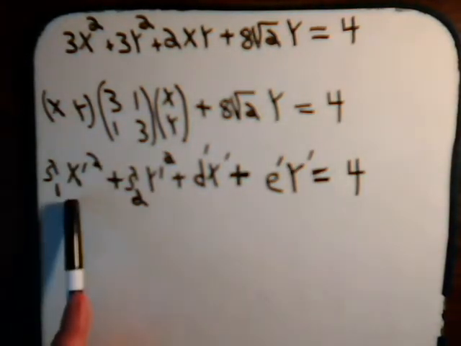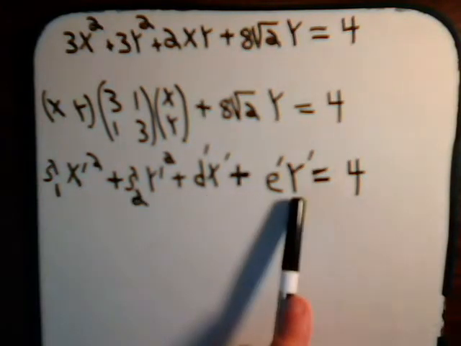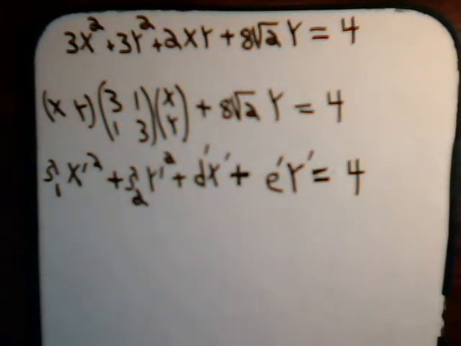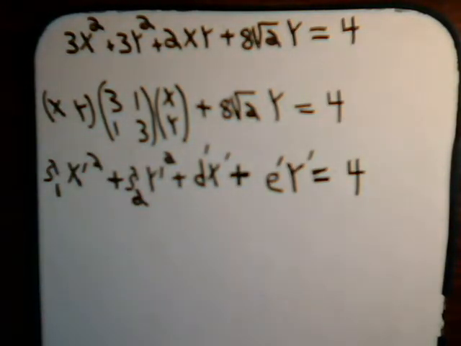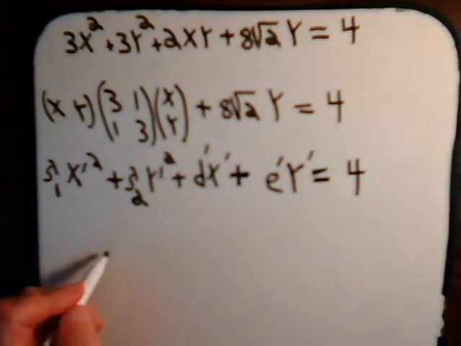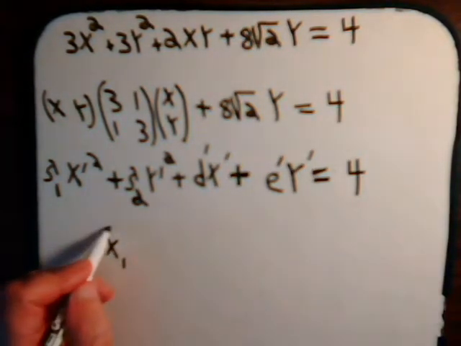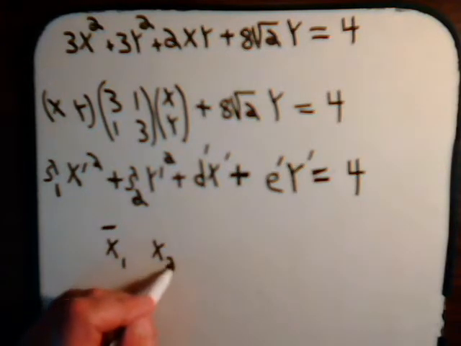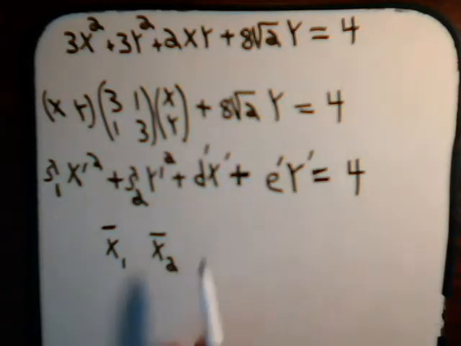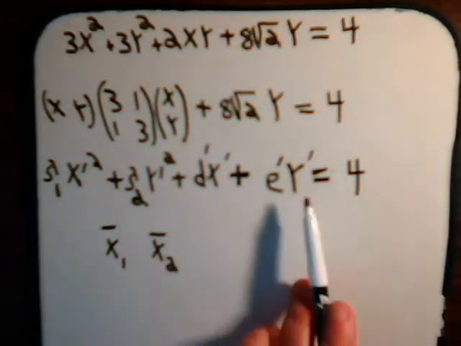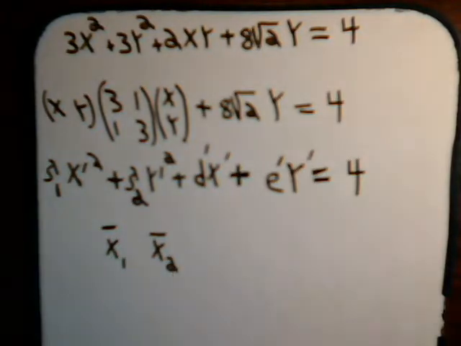And what we're calling x prime and y prime really are the eigenvectors of our symmetric matrix. Those eigenvectors of any symmetric matrix are orthogonal, so of the two orthogonal ones it has, we call one of them the x prime axis and the other one the y prime axis.